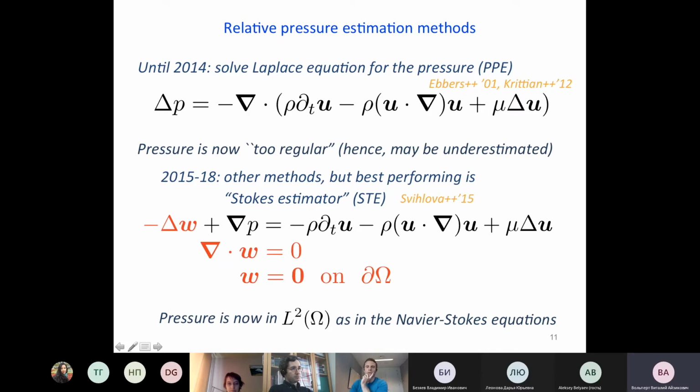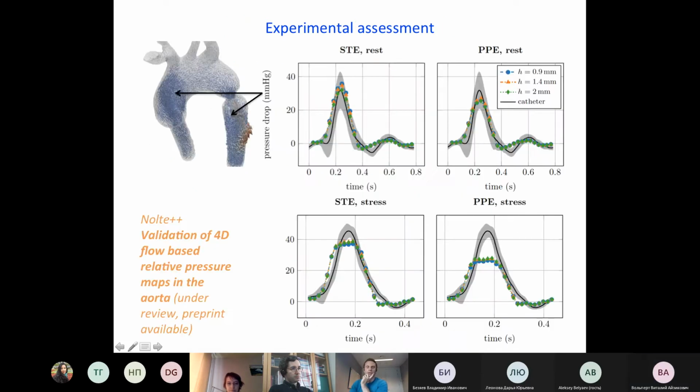Yeah. No, that's a good question. So then you see here, with different spatial resolutions of the image, what you get for the flow-based pressure differences. You see that the STE method, the Stokes estimator, matches the catheter much better than the PPE, and this difference is also seen when you increase your pressure gradients.